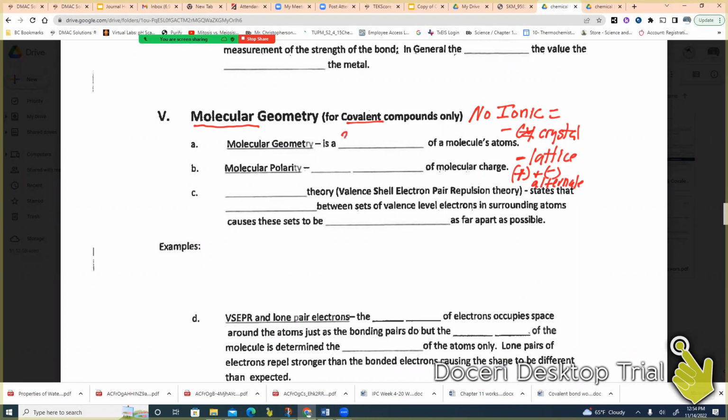So molecular geometry is a 3D arrangement of a molecule's atoms.